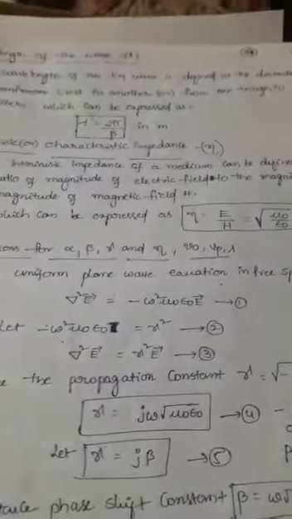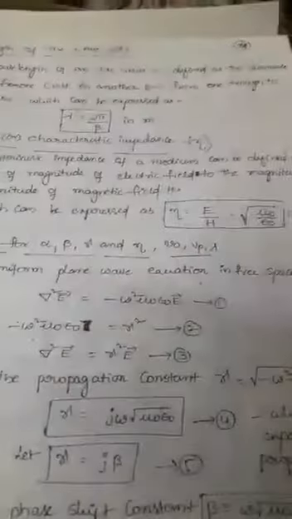Like this, these are the various characteristics of EM wave when it propagates in a medium. But in our syllabus, we have to derive the expressions for all these characteristics of EM wave when it is propagated through free space.